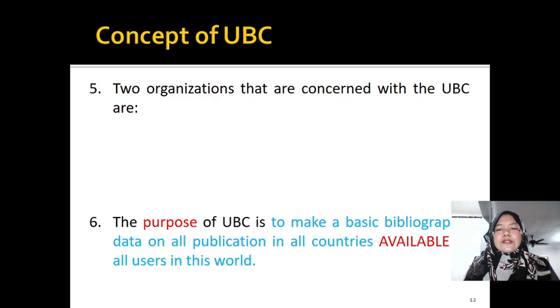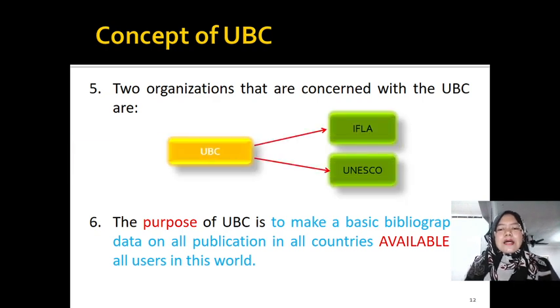So the two organizations concerned with the UBC are IFLA and also UNESCO. The purpose of UBC is to make basic bibliographic data on all publications in all countries available to all users in the world. That's why they set certain standards so that everybody can follow that kind of standard.